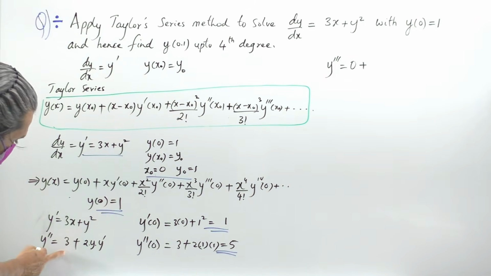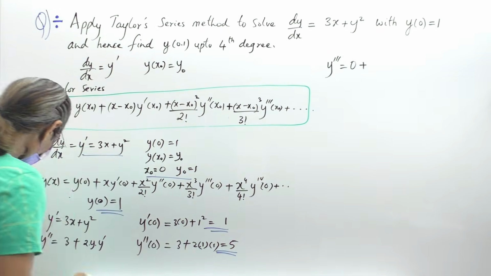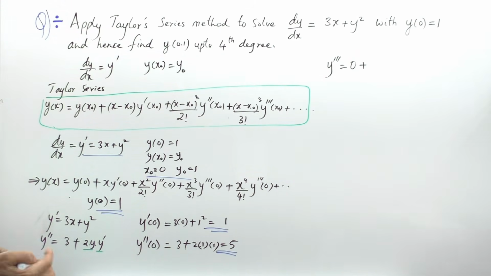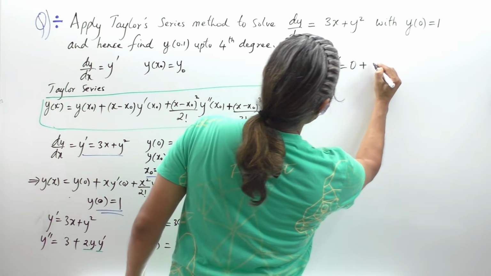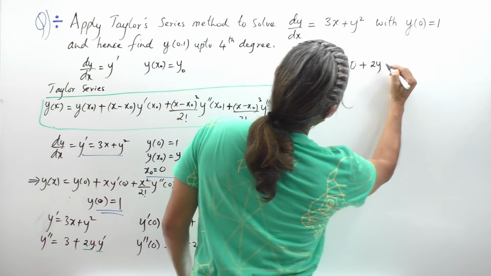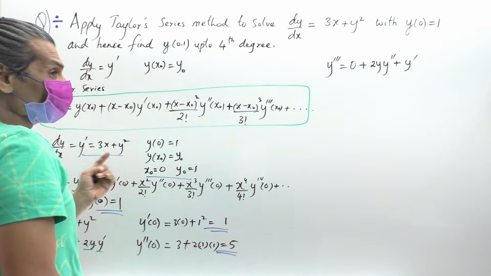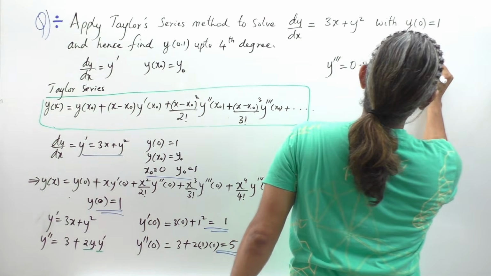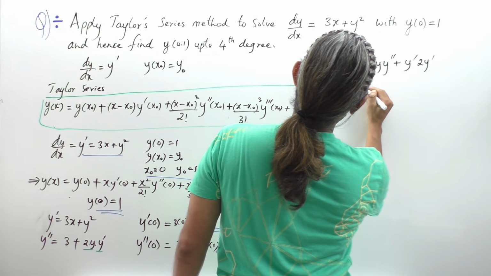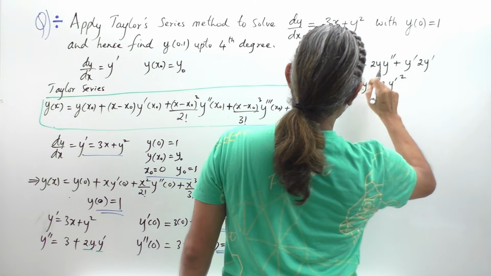Simple. Okay. So differentiation of 3 is 0 plus 2y, this is the first term, y dash is the second term. So product rule, because y and y dash are different. 2y as it is, derivative of y dash is what? Simple. Y double dash, plus y dash as it is, derivative of 2y is again 2y dash. So y triple dash will be now 2y into y double dash plus 2y dash square. Done.